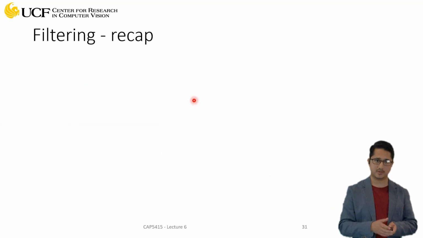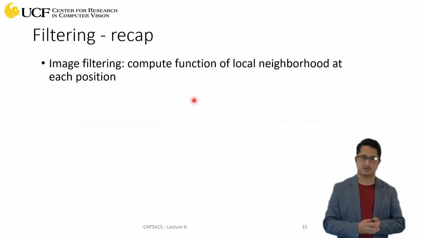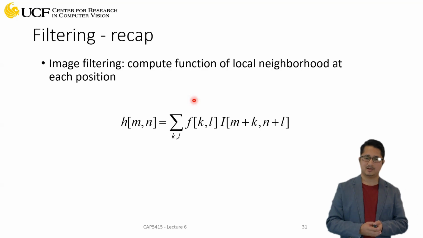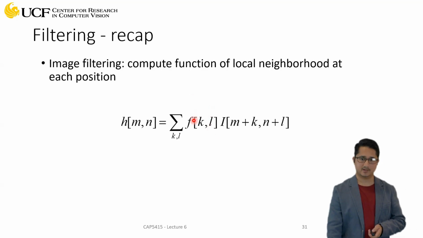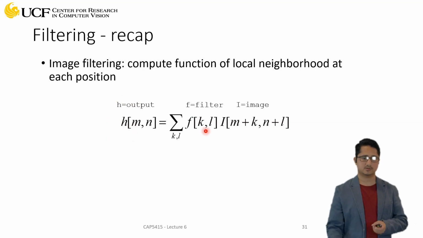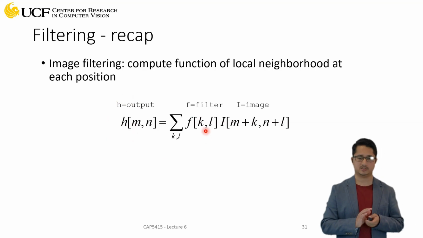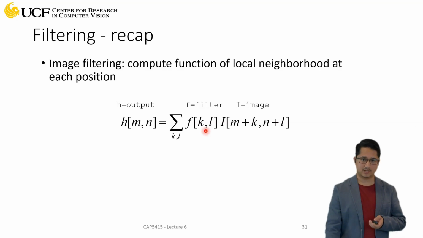For that, let's go back to filtering. In filtering, we have seen that given a filter and your image patch, you perform a linear combination. If this is your image and this is your filter, it gives you some kind of response. The idea is that it's doing some kind of pattern matching. Whatever pattern you have in your kernel, if that pattern is present in your input image, you will get high activation.